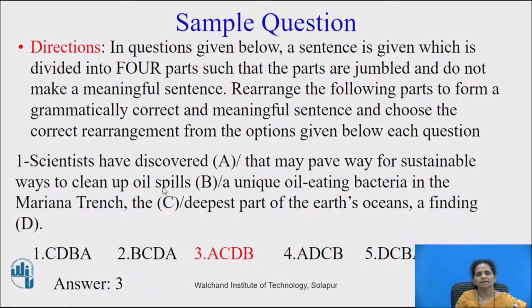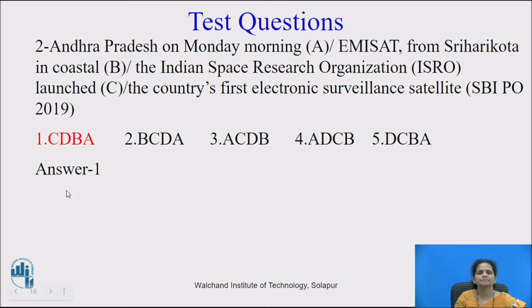The correct sequence is A, C, D, B. This is the second example, and the correct answer in this question is the first one, and the correct arrangement of the sentences is C, D, B, A. So, these are the sample questions.